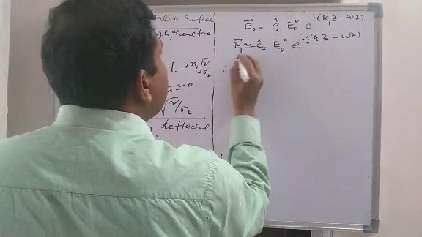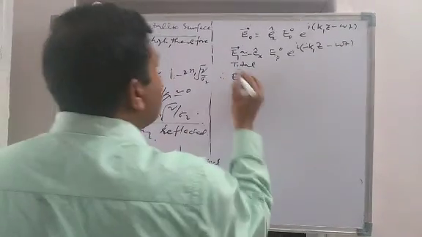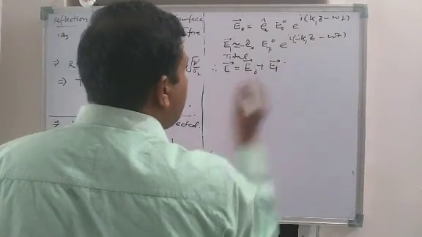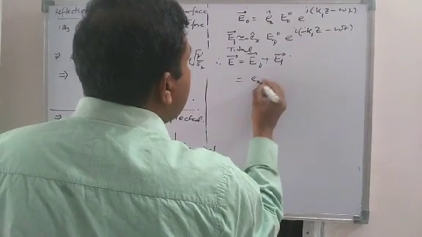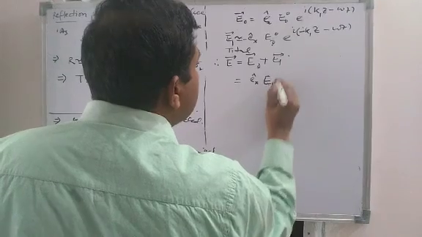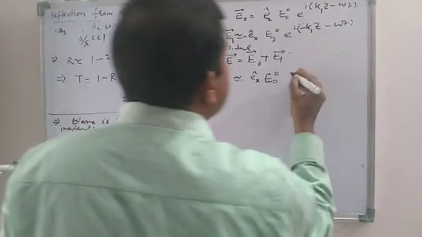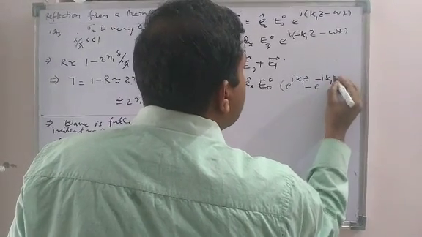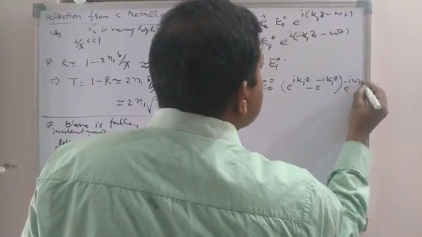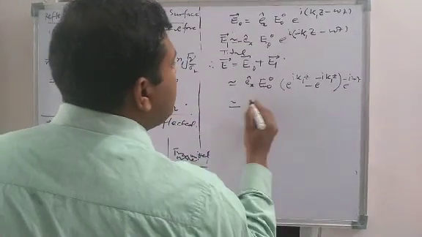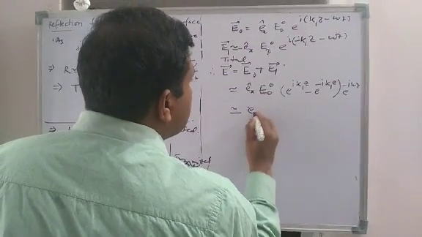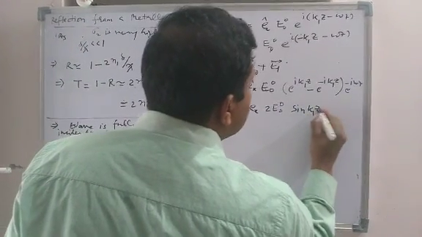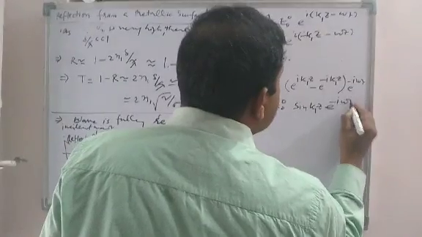So therefore totally, which is just shown over here, is going to be E1 plus. So that is what we will have in the medium. So that's going to be Ex hat E naught naught approximately e to the power i k1z minus e to the power i k1z, e to the power minus i omega t, which approximates to Ex hat 2 E naught naught sine k1z e to the power minus i omega t.